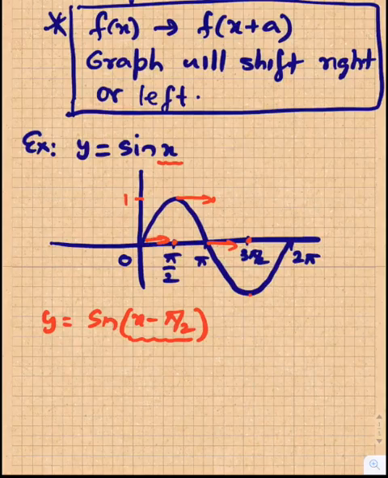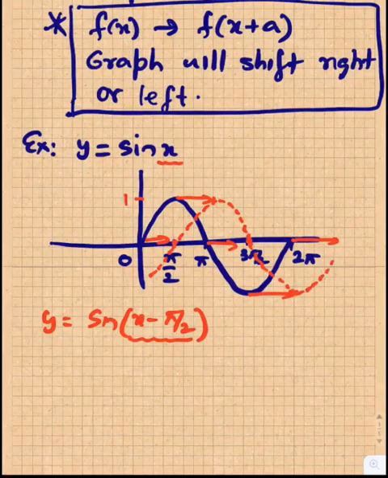Similarly, this 3π/2 point will shift by π/2 units and it will come here. And similarly, this 2π point will shift by π/2 units on this side. So if I join all the dots, we will see the graph which looks something like this. So this orange graph is the graph of y = sin(x - π/2).